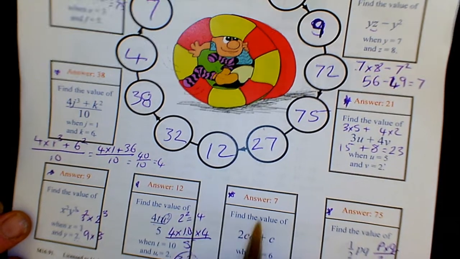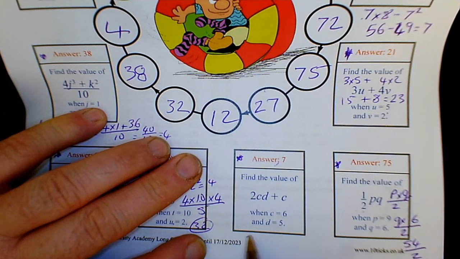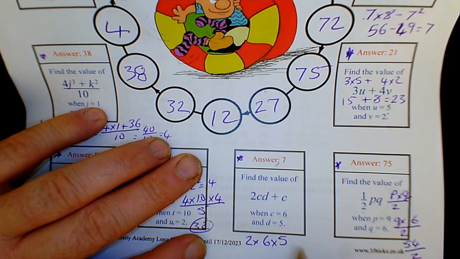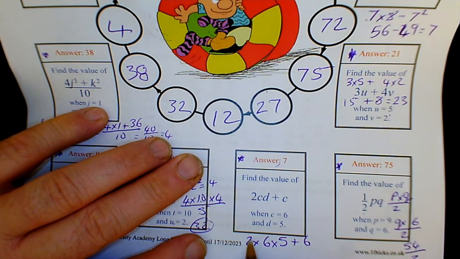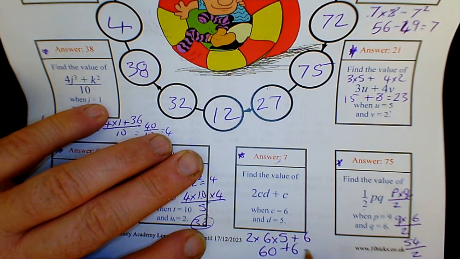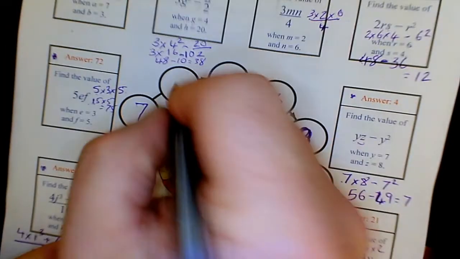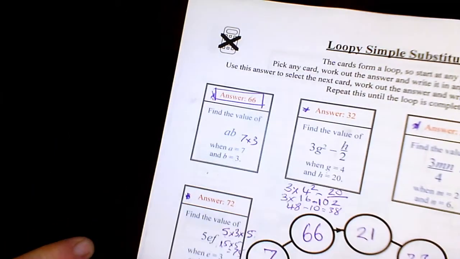Write the value of 2cd plus c. Okay, so 2 times c, which is 6, times d, which is 5, plus c, which is 6. 2 times 6 is 12. 12 times 5 gives me 60. 60 plus 6 equals 66. 66, and that was the card that I started with.